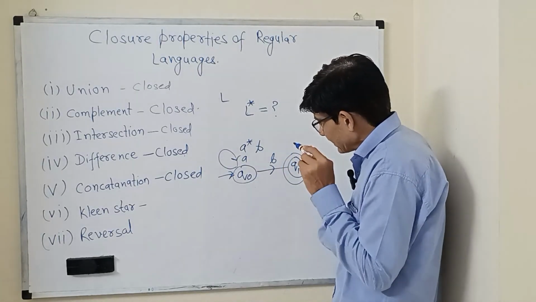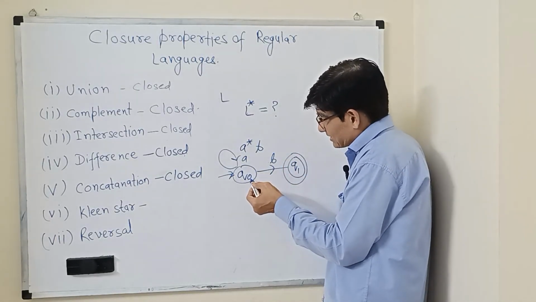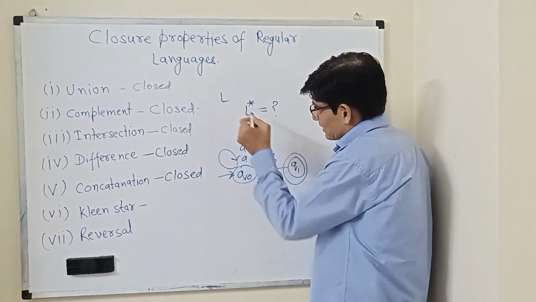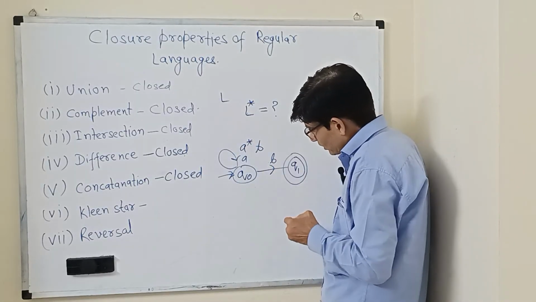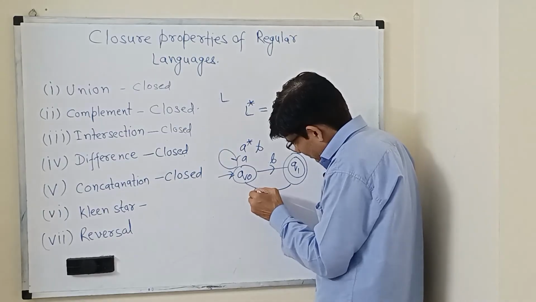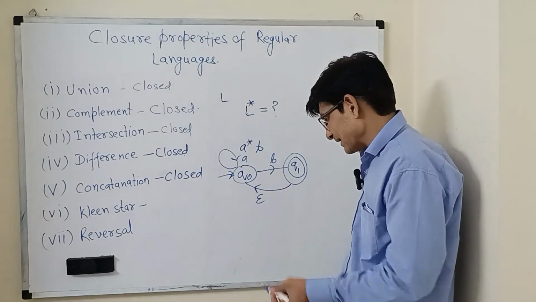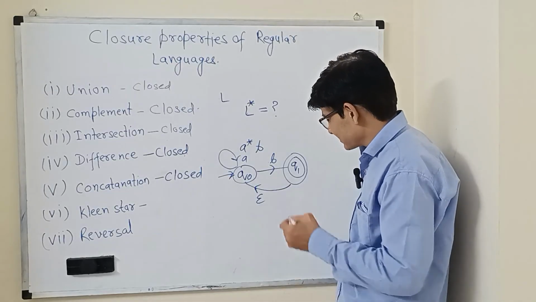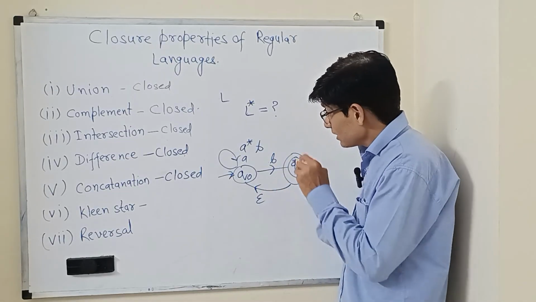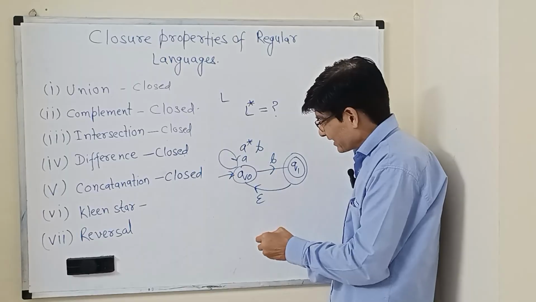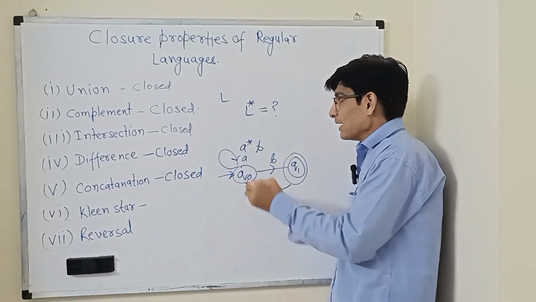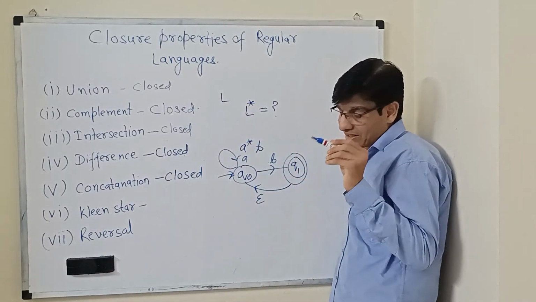Now this is the finite automaton for this language L. If I make this transition here using an epsilon transition, this is again a finite automaton, and it will accept L star.